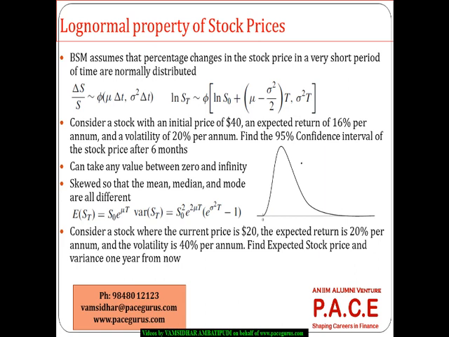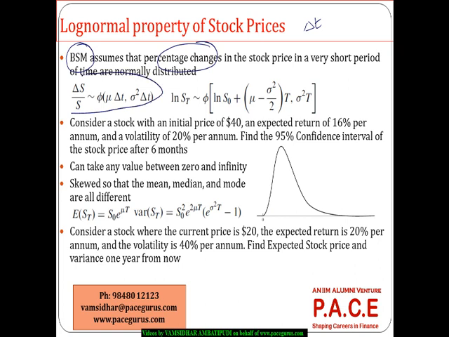Now, first looking at the log normal property of the stock prices. One of the major assumptions in the Black-Scholes Merton model is that the percentage changes in the stock price, not the absolute changes, over a very short period of time delta t are normally distributed.